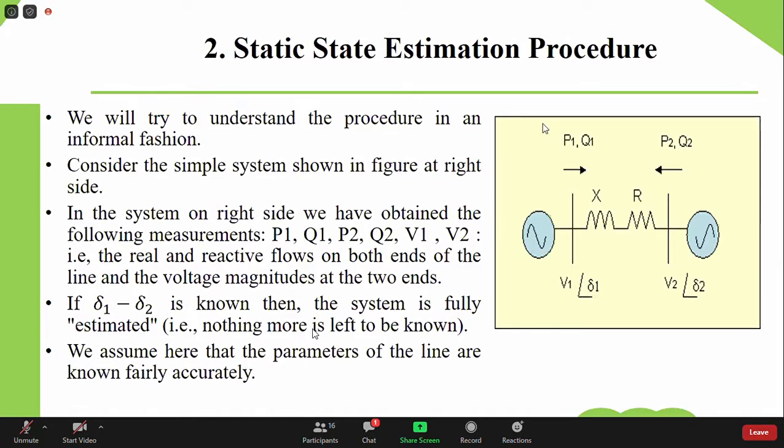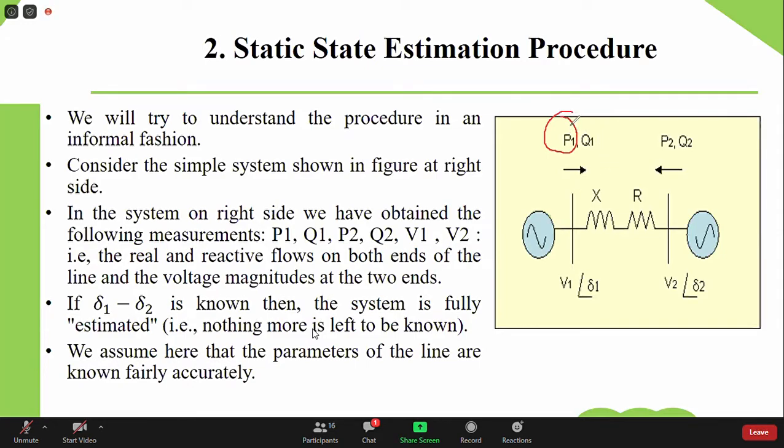If you carry out static state estimation, you will get the steady state snapshot of the system. First let's see how to carry out power system state estimation by the static method. Consider a simple diagram here, and assume that we can measure the sending end voltage or receiving end voltage.